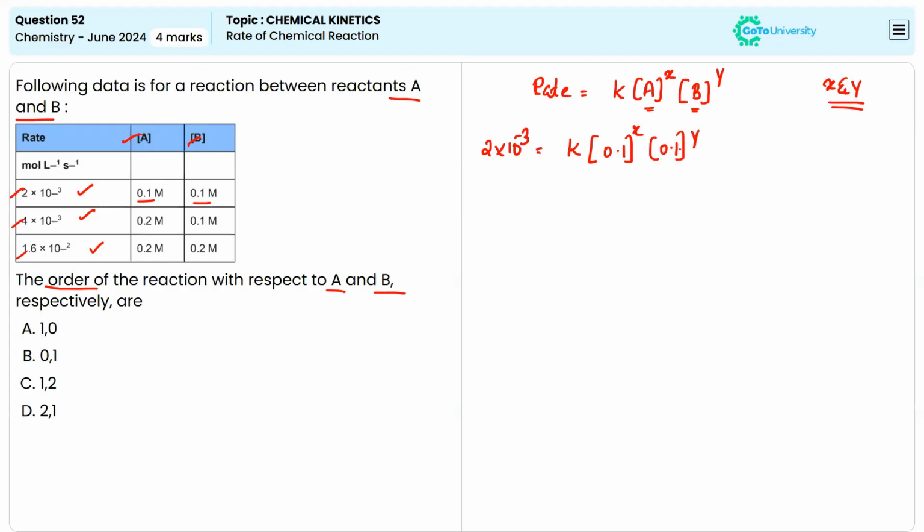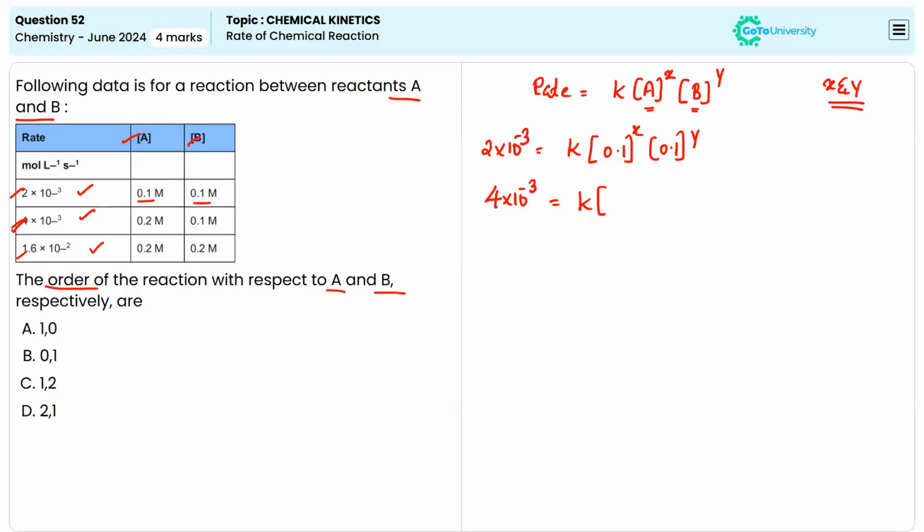0.1 raised to Y. Similarly for the second equation I can write the second rate, 4 times 10 to the power negative 3. I am not changing the rate constant, because for the given reaction between A and B the rate constant is a constant.